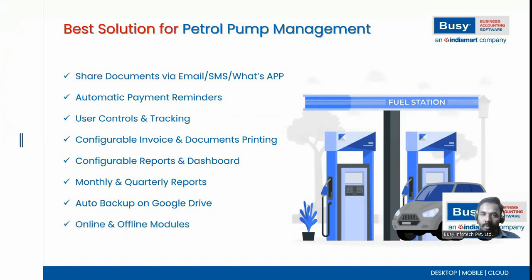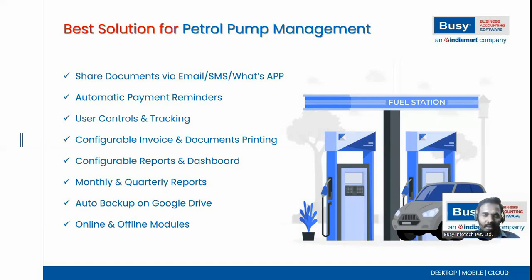Online and offline modules are also available. If you want to access your Busy data in a different location, Busy Online is available. In the Busy Online application, the interface and usage are similar to this, but the data will be saved completely in the cloud. In the Busy desktop software, the data is stored on the local computer.